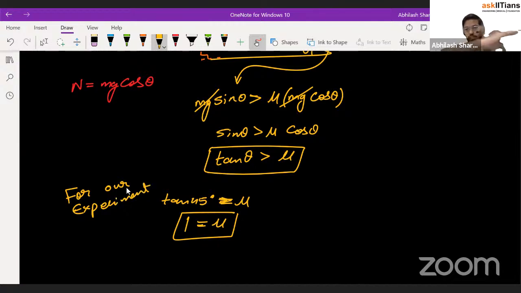With that board and remote, for that particular case. Okay, so everybody clear?